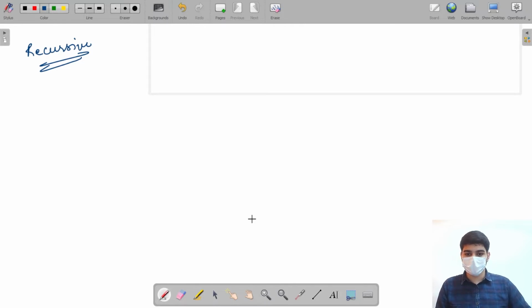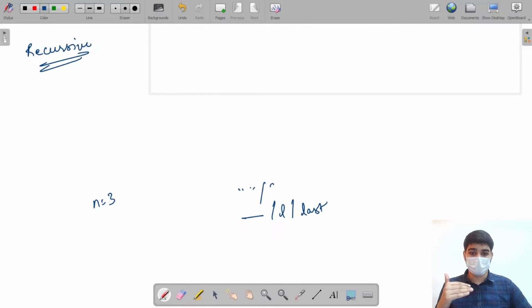Let's suppose this is my length, and over here I write my last digit. My current string is of course empty. My length at the starting for n equals 3 would be 3, and my last is, let's suppose, -1 for now, because my string is empty, so I don't have any last number.